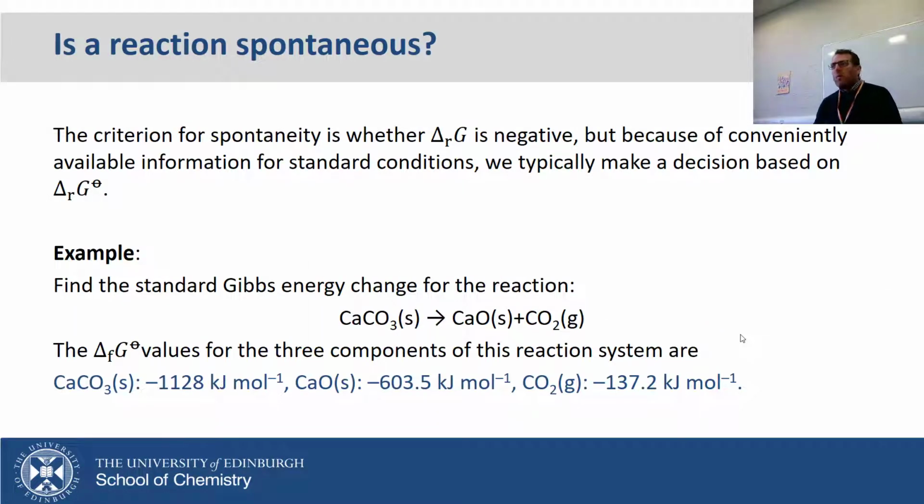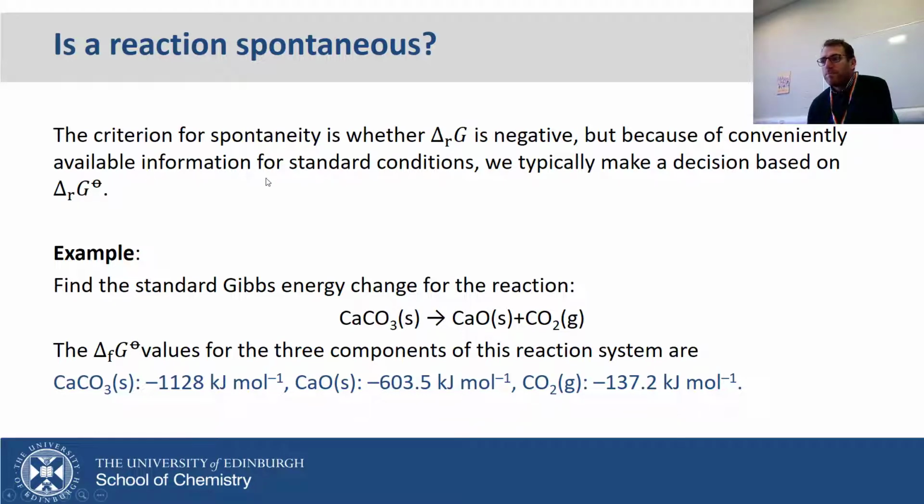So we can use this kind of information to very easily determine reaction spontaneity. Our spontaneity criterion said that if we can work out the delta G value, where delta G is equal to delta H minus T delta S, and determine whether or not it's negative, that will tell us if it's spontaneous.